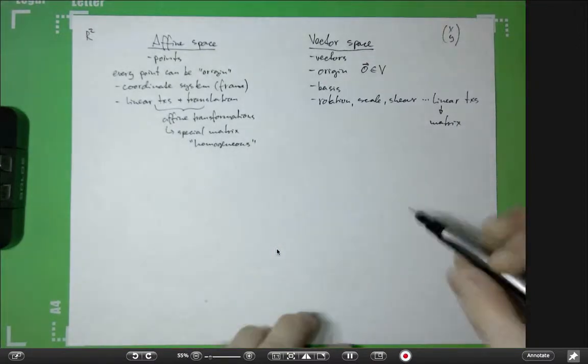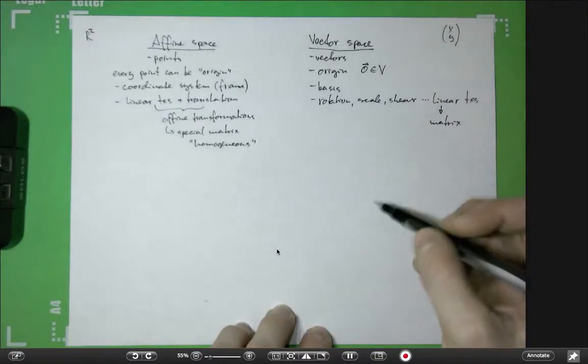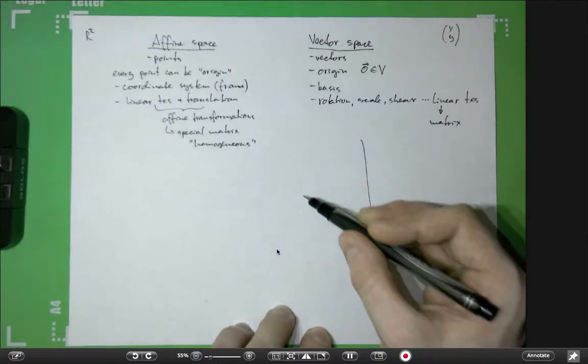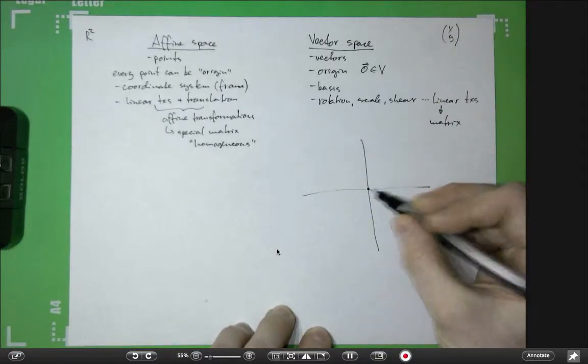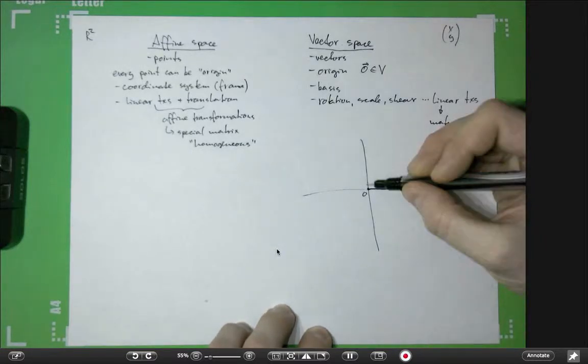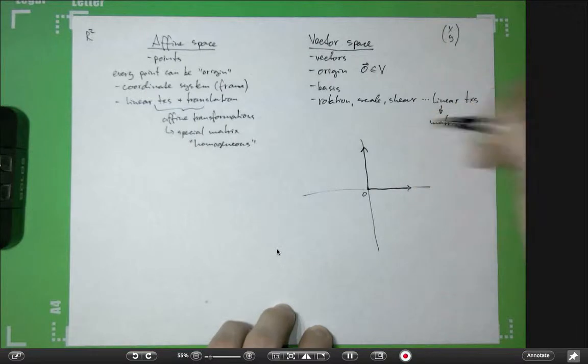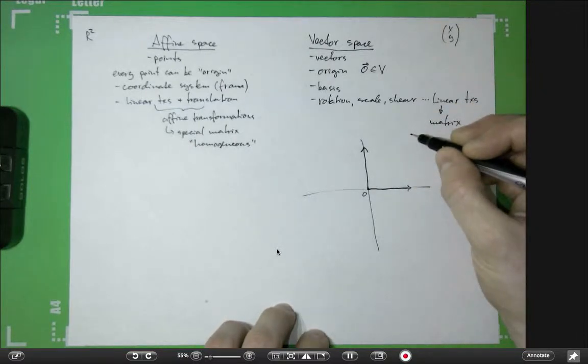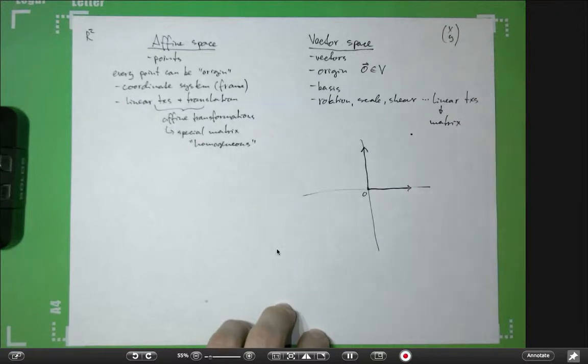So maybe let me give you a little picture here. If I have a vector space, I know I have the zero somewhere, right? So here is my zero. And I have some basis, the simplest one being the standard basis. And if I have some point somewhere, I can measure its coordinates with respect to the standard basis, right?